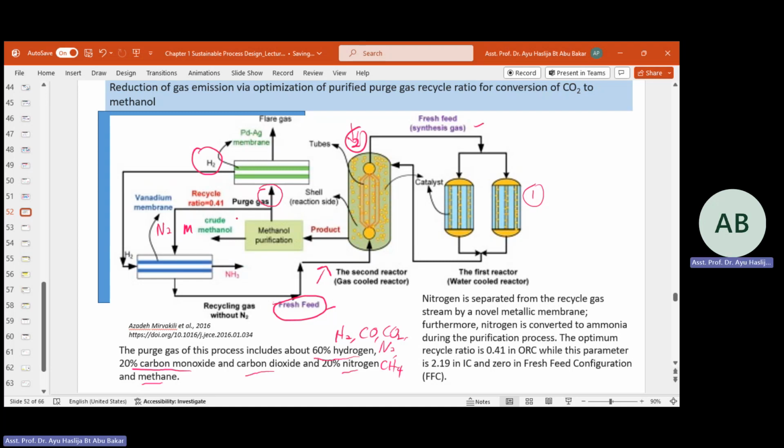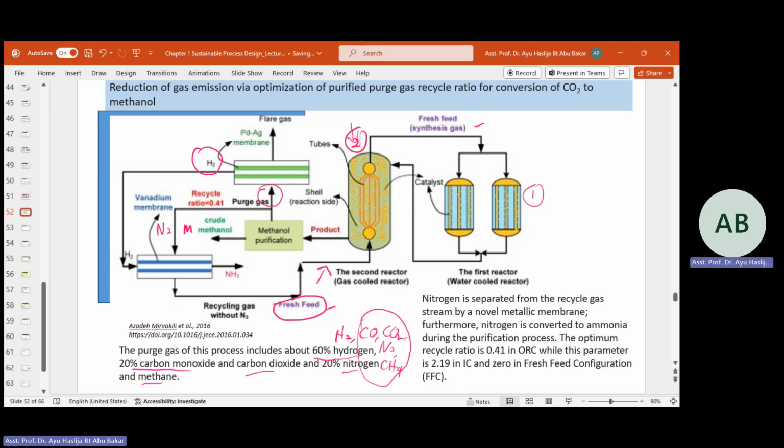Okay, so flare gas over here. You see the outlet stream from this membrane is only H2, noted here as only H2. So the rest of this is being flared.